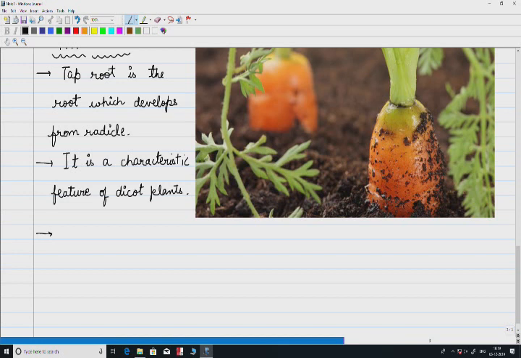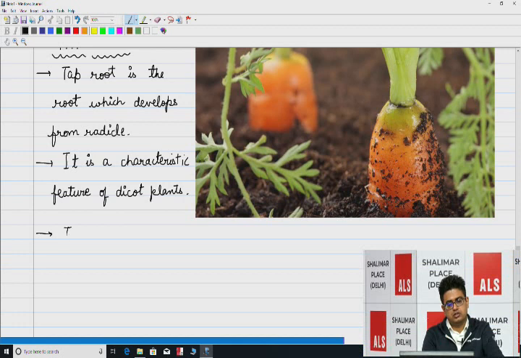Right? What is the characteristic feature of taproot? It is long, thin, cylindrical at the top and tapers down to the bottom.